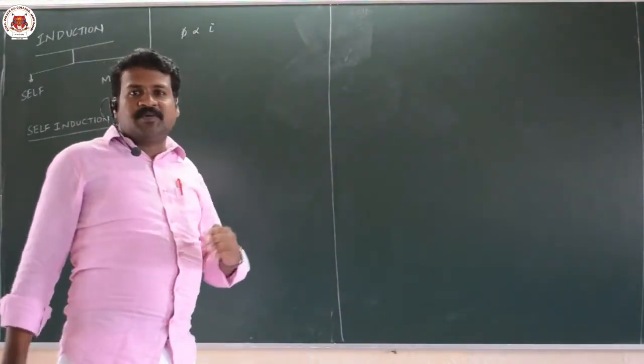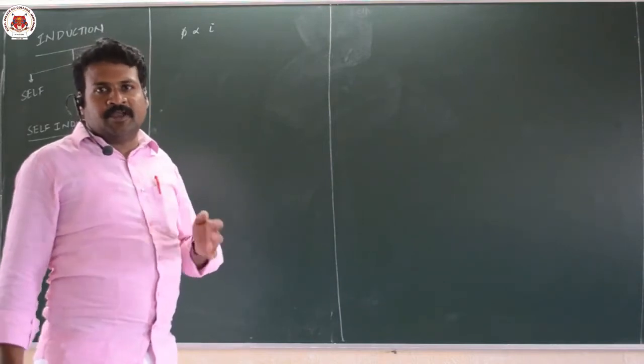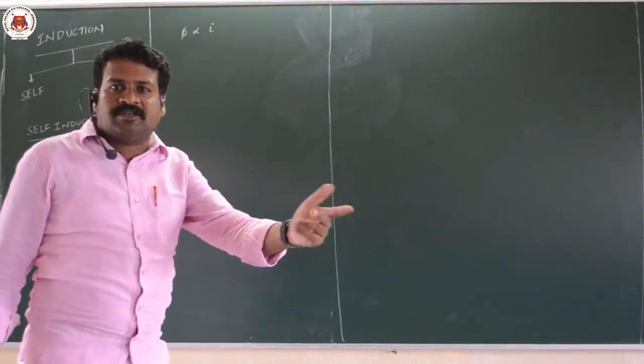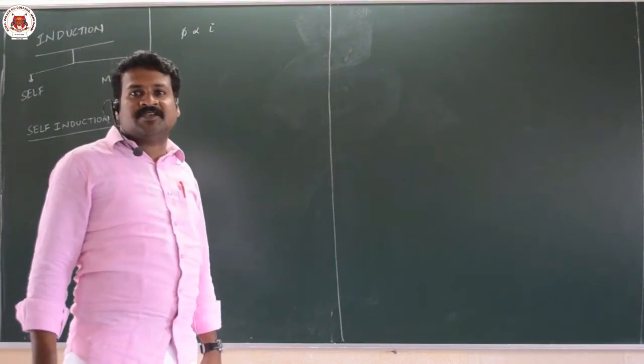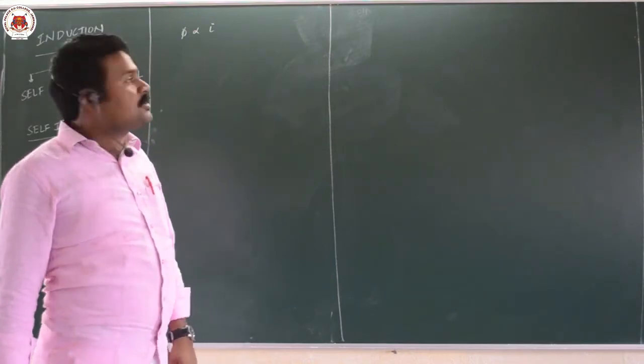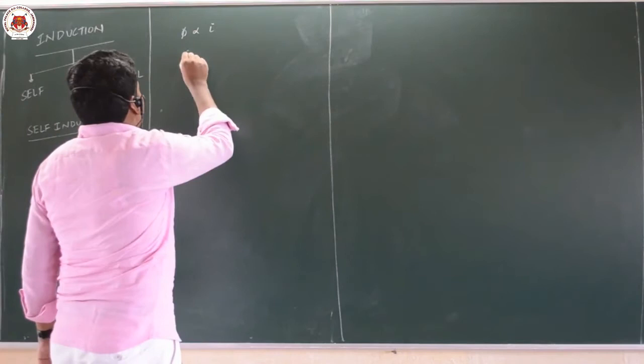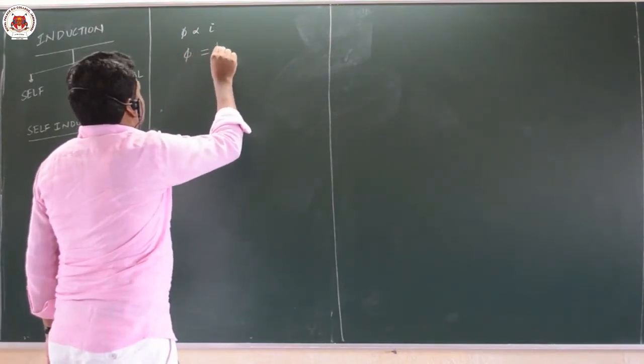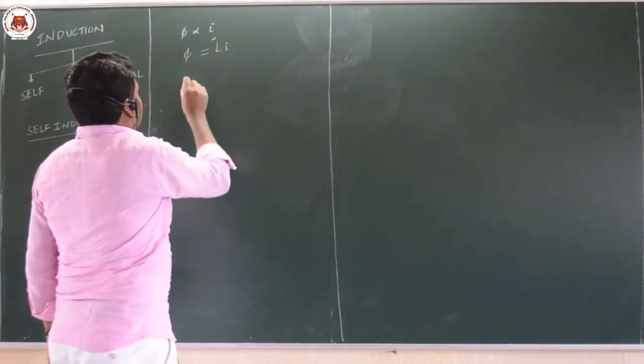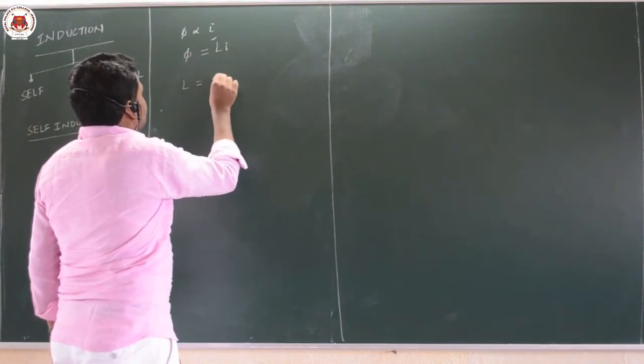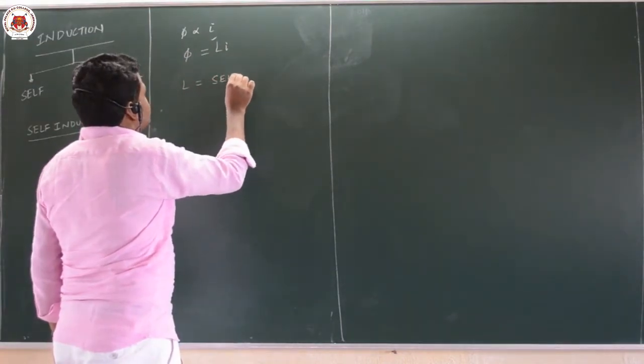The generation of EMF in a coil due to change in the current in the same coil is called self-induction. And here the constant what you are getting is called L, which is called self-inductance.